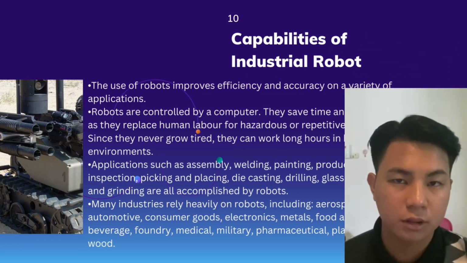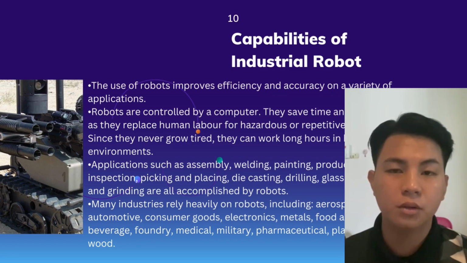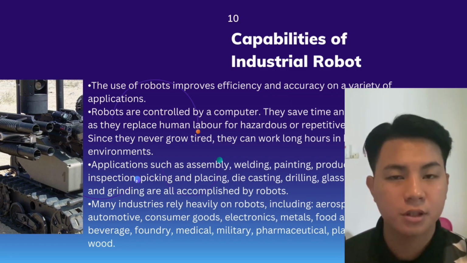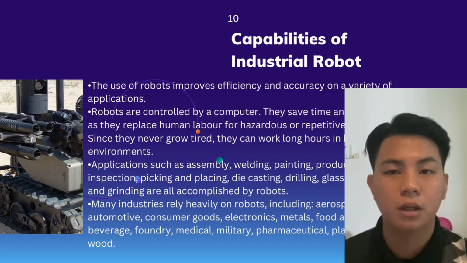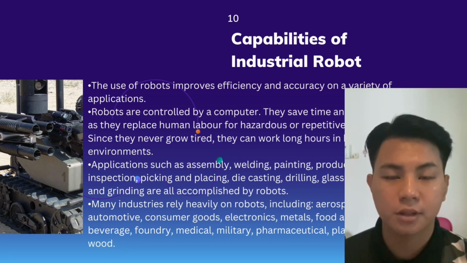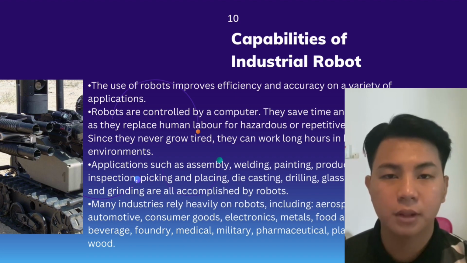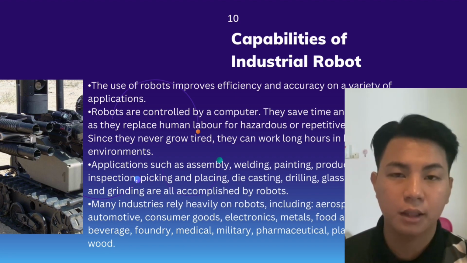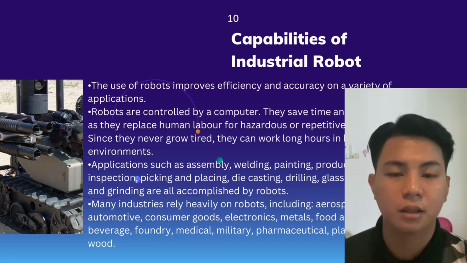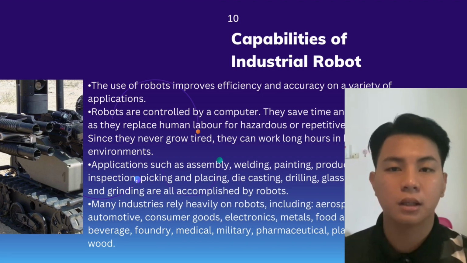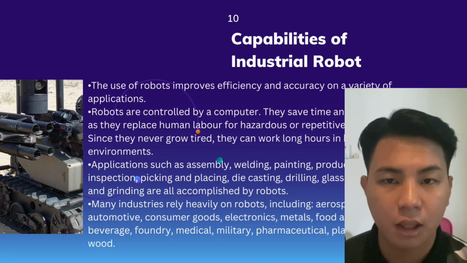Capability of industrial robots. The use of robots improves efficiency and accuracy in a variety of applications. Robots are controlled by a computer. They save time and money as they replace human labor for hazardous or repetitive tasks. Since they never grow tired, they can work long hours in harsh environments.